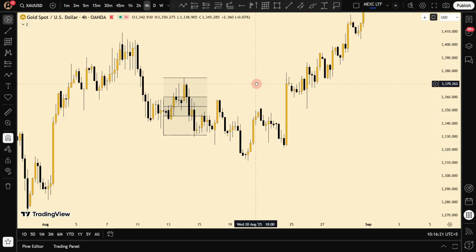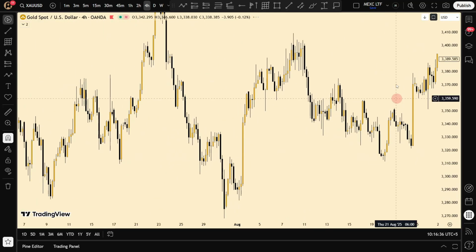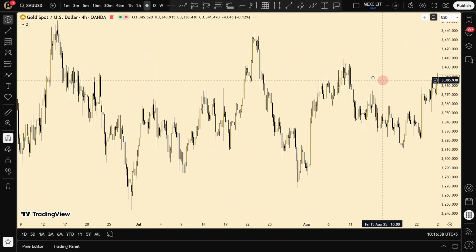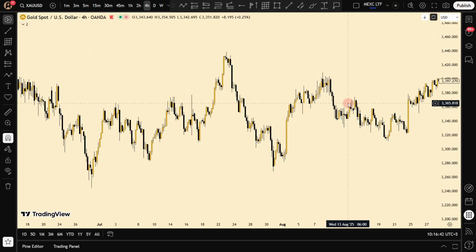All I care about is the fact that we reached this point. That's it. The parameters of my trading system that you will learn are just these. So hopefully you get the point of why market structure actually works, and it just works in zones.